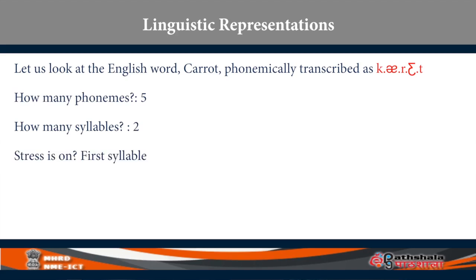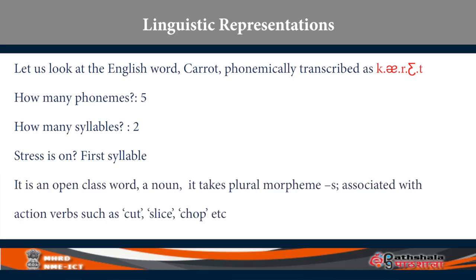On the first syllable. It's a noun, so it's an open class word, right? It can be pluralized, carrots, and it's associated with action verbs like cut, slice, and things like that. So these are different examples of linguistic representations.